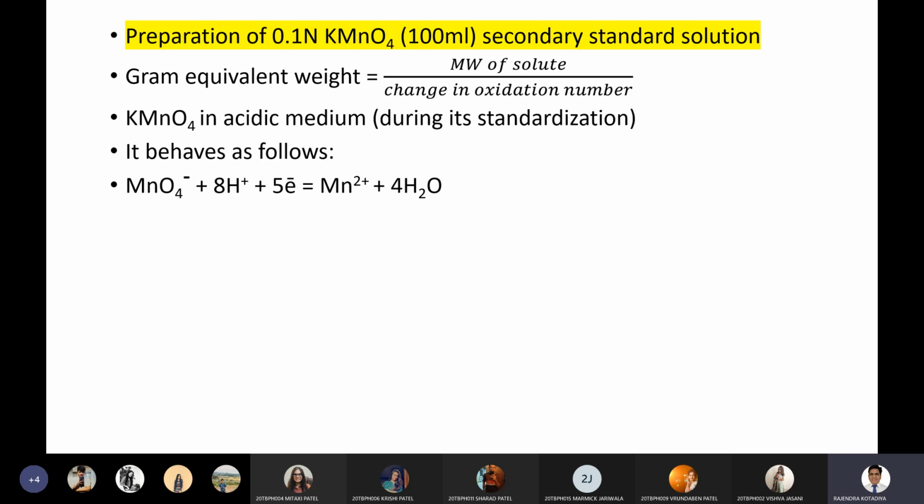Now we need to find the oxidation number difference between the left hand side and right hand side. What is changing in terms of oxidation number? Does anyone remember how we will find the oxidation number for the left hand side and right hand side?